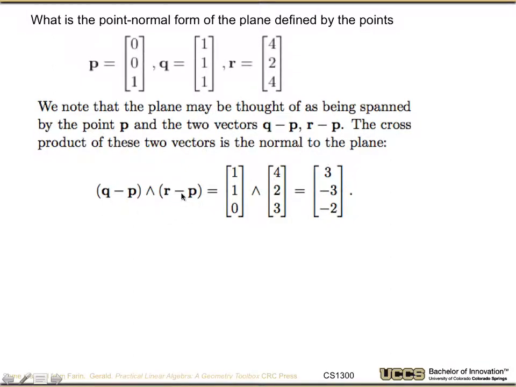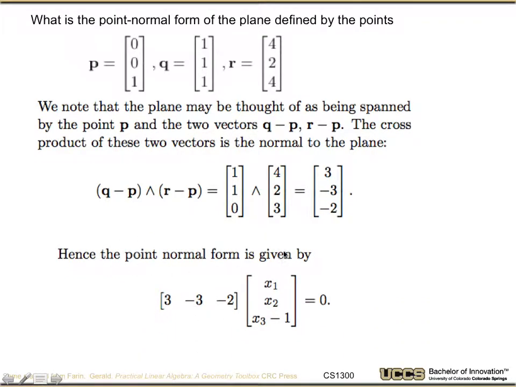In this case, we now just need to take the cross product of Q minus P, which is the vector (1, 1, 0), with the vector R minus P, which is (4, 2, 3). This is minus P, so we just changed the last item. Hopefully you've now gotten cross products down, so I'm not going to go through the algebra for that. We get (3, -3, 2).